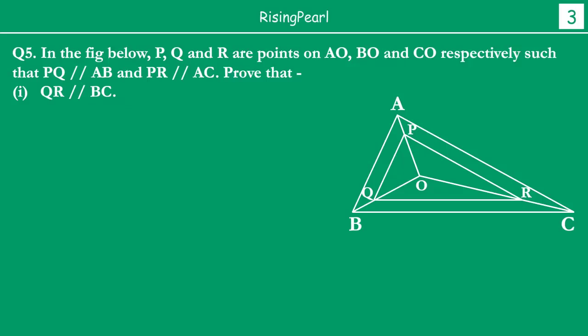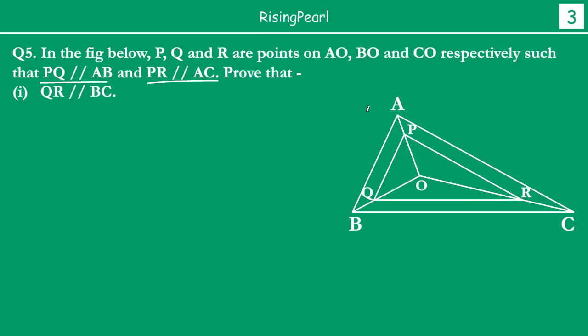First things first, friends, when you take a look at this figure, you'll be like, wow, this looks like a super complicated diagram, and I will agree with you. But if you just take a simplistic view, you will see that I have a triangle ABC. There is some point O in the middle, and AO, BO and CO are joined. Then on AO there is a point P, on OB there is a point Q, and on OC there is a point R, such that these lines are parallel.